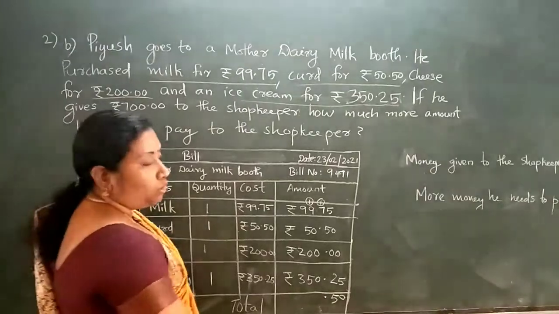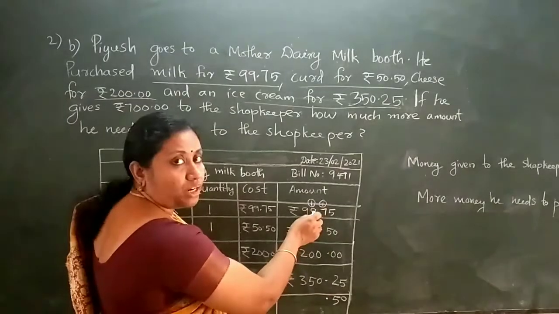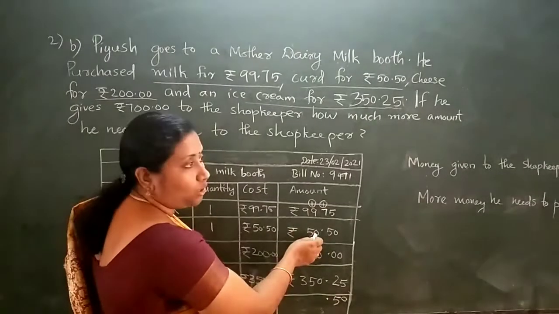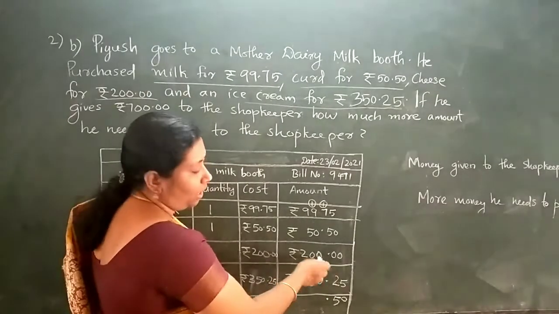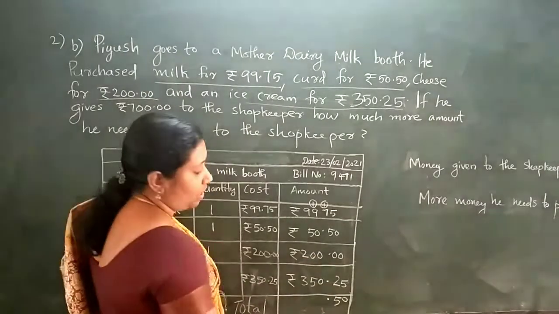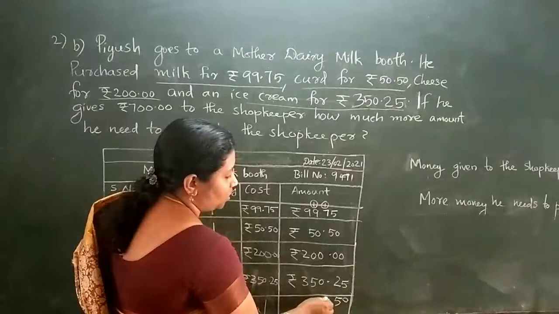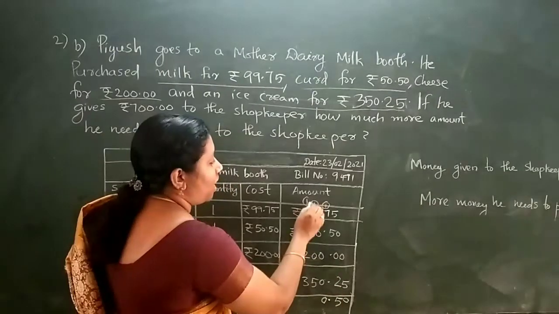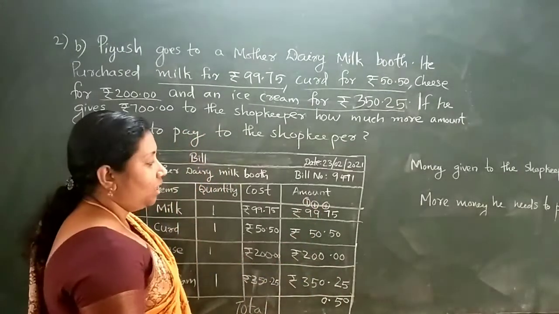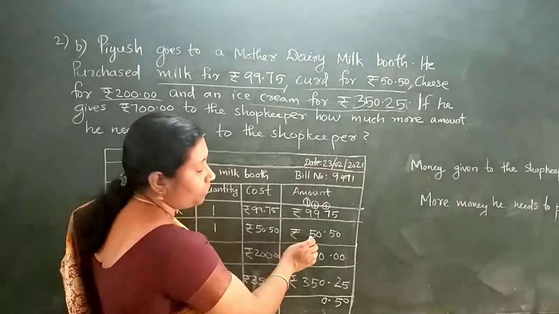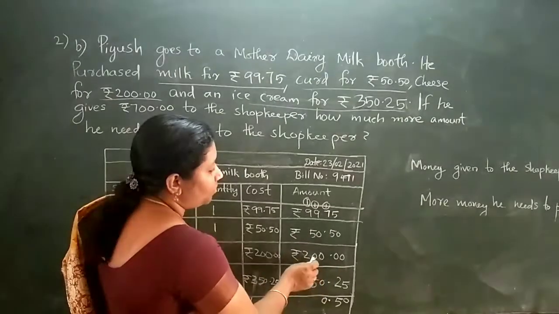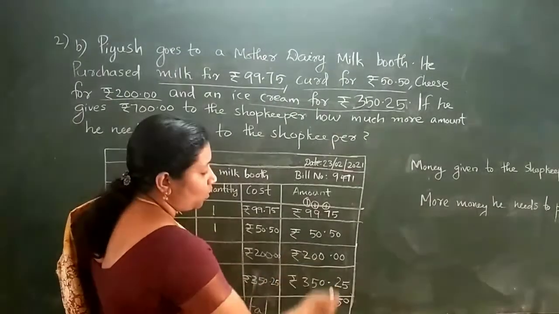Then in rupees part, 9 plus 1 is 10. 10 plus 0, 10. Again 10 plus 0, 10. 10 plus 0, 10. 0, carry 1 over here. Then 9 plus 1, 10. 10 plus 5, 15. 15 plus 0, 15.